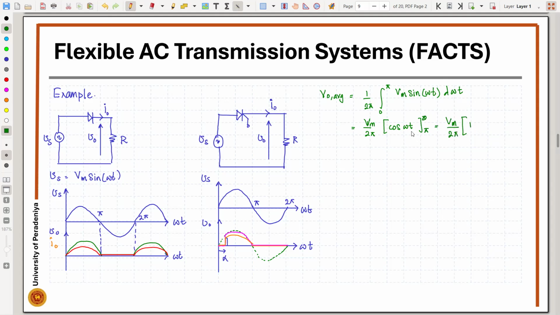Cos 0 is 1, cos π is minus 1, so we have 2. So we have Vm over π. This is for using a diode.